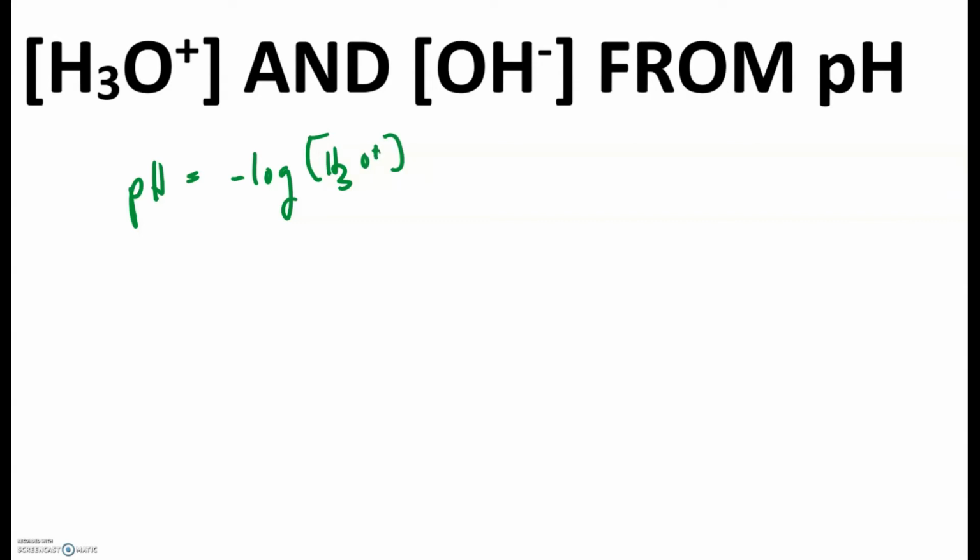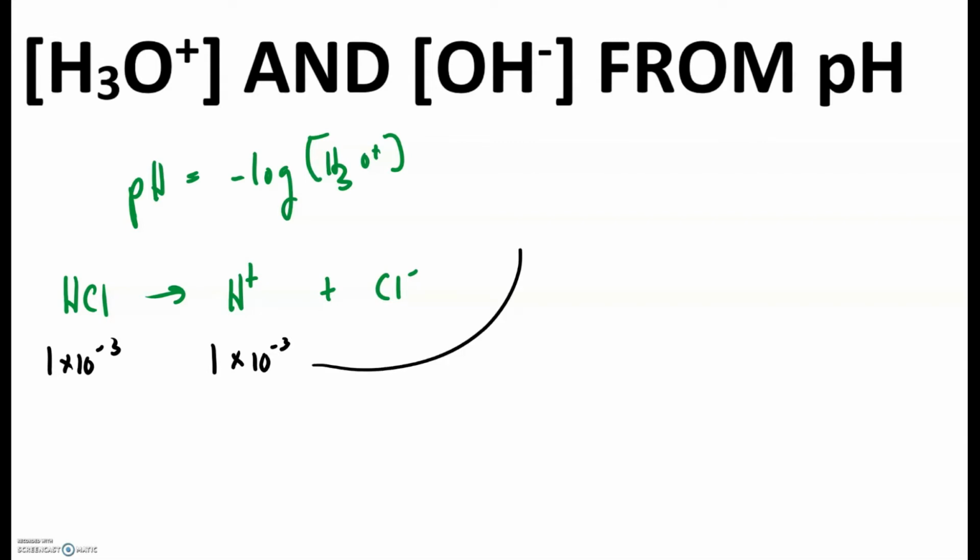And we also learned that you can find the pH of a solution, whether it's an acid or base, just by finding the concentration of H plus in the solution. For example, if this is a 1 times 10 to the negative third molar solution of HCl, you can dissociate it to find H plus, and then just plug that right into our equation to find pH.